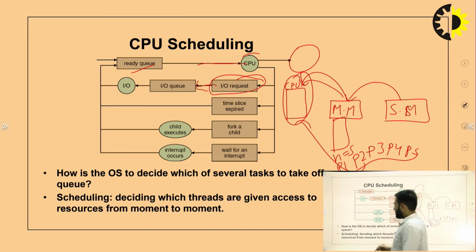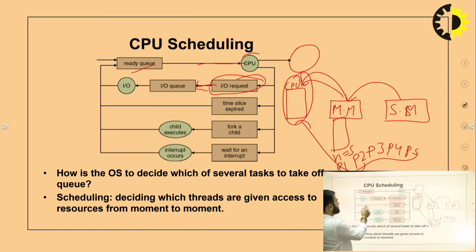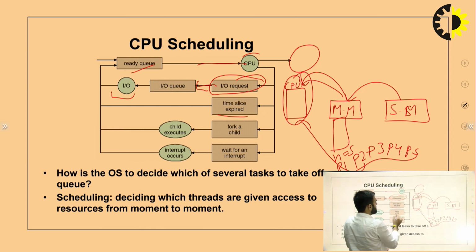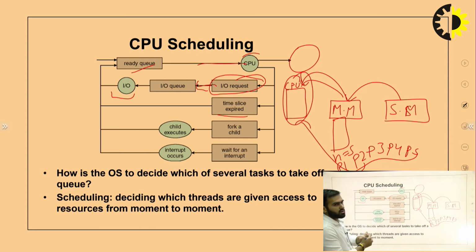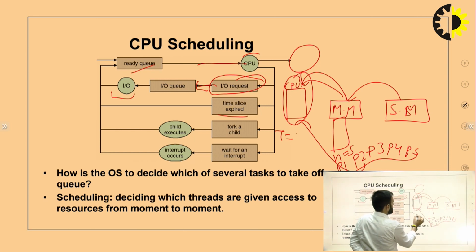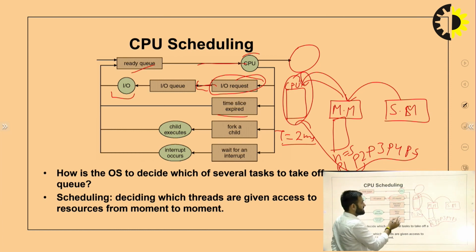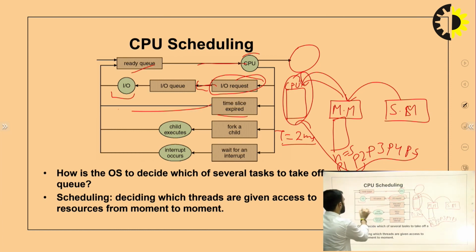It will wait until the input output is available to that particular process. The possibility is there that the time slice expires. Let's say the time is 2 milliseconds, so it will expire. Then it will go again to the ready queue for its turn.